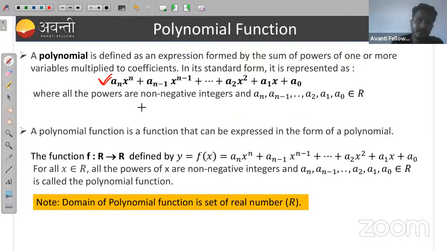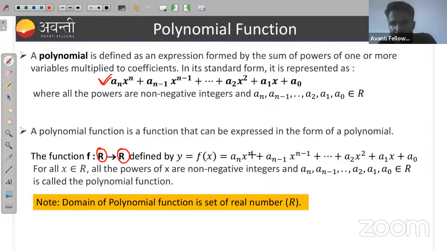For the polynomial function f from R to R, the domain is R and the codomain is R as well. And y is equal to f of x, equal to a_n x to the power n plus a_(n-1) x to the power n minus 1, and so on, a polynomial in x, for all x belonging to R. x is the variable here, and it belongs to the domain R, so it can take any real value.